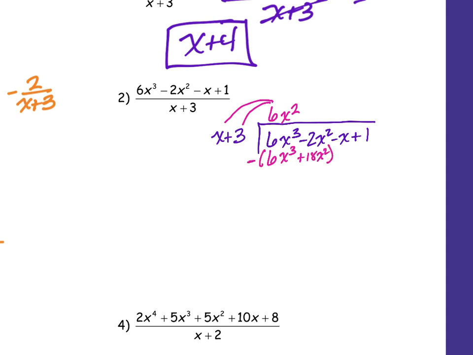And then I'm going to subtract it. So the 6's go away because it's 0. And then negative 2x squared minus 18x squared gives me negative 20x squared. And then I bring down what's left, negative x plus 1.